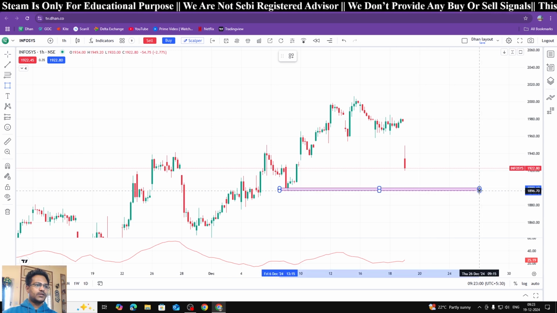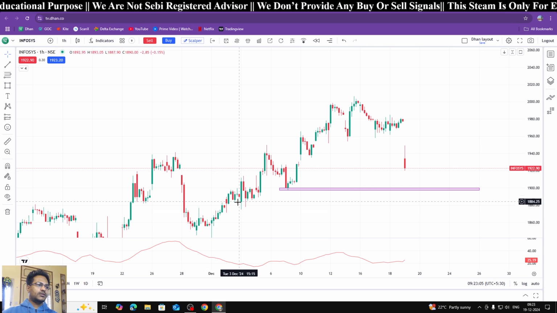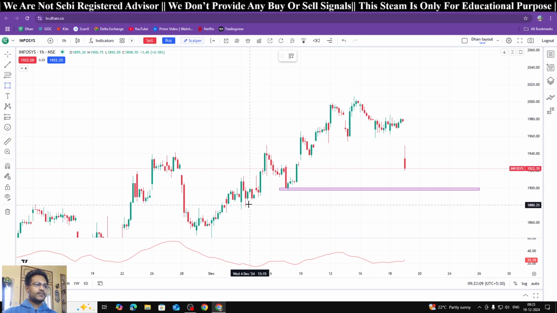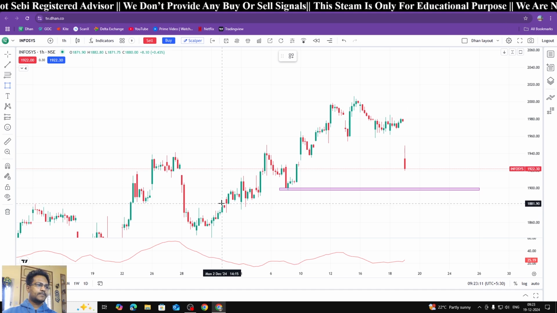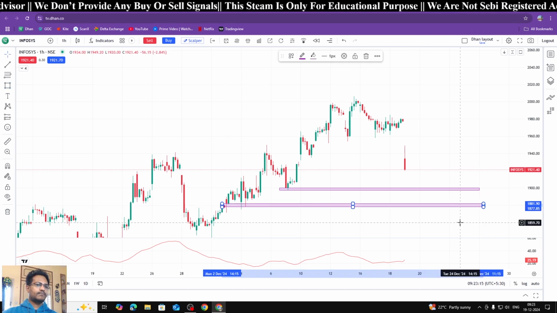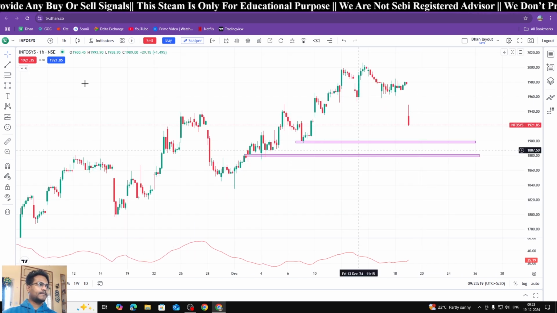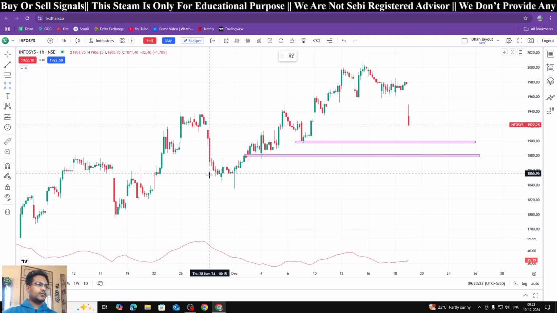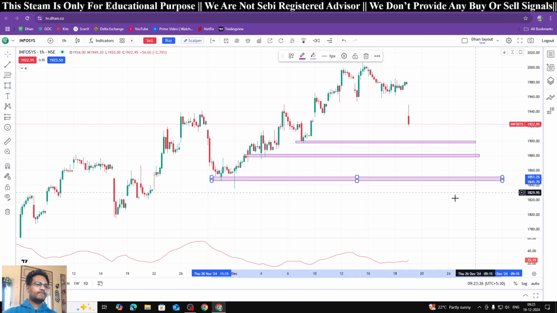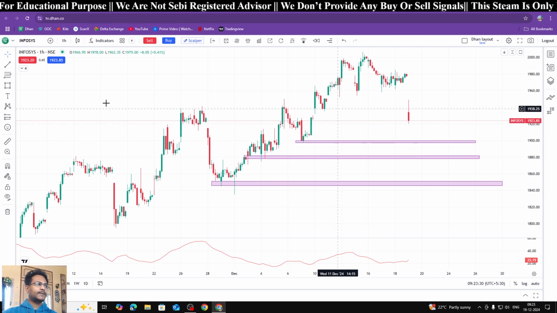We do have one out here, small, and the next at this level, and one out here. This is the support and resistance for the downside.